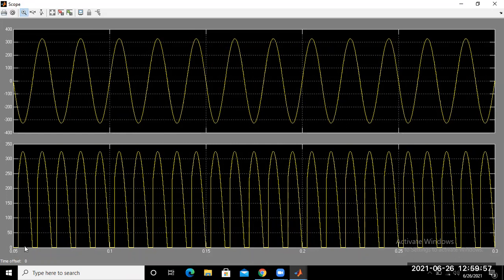You may choose the phase angle delay, and corresponding to that you are able to control the output voltage waveform. You may simply observe from this waveform that from 0 to 45 degree the output voltage is 0, and after that it follows the waveform of the input supply voltage.